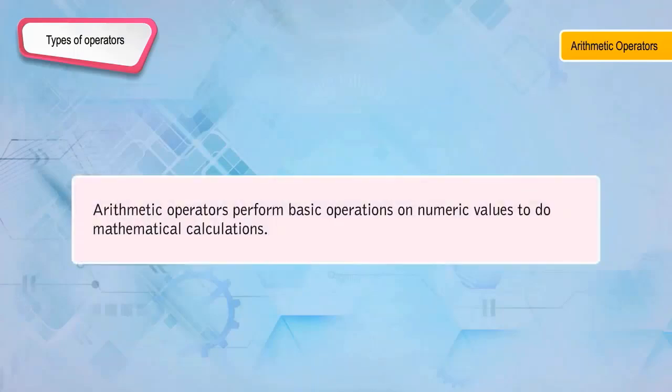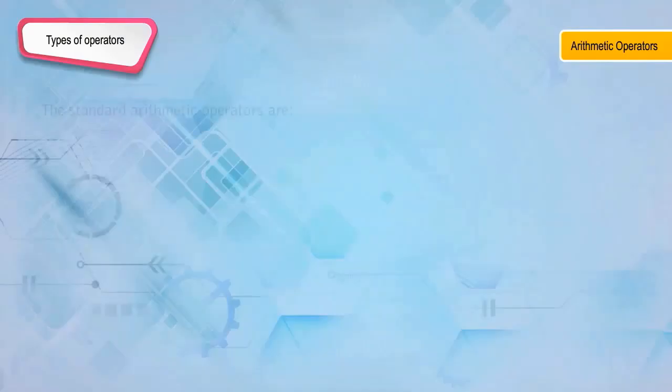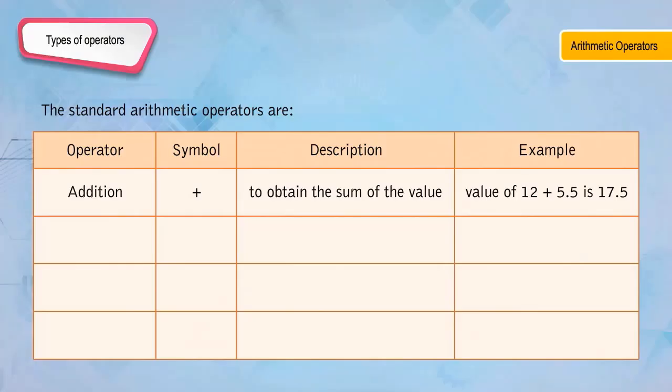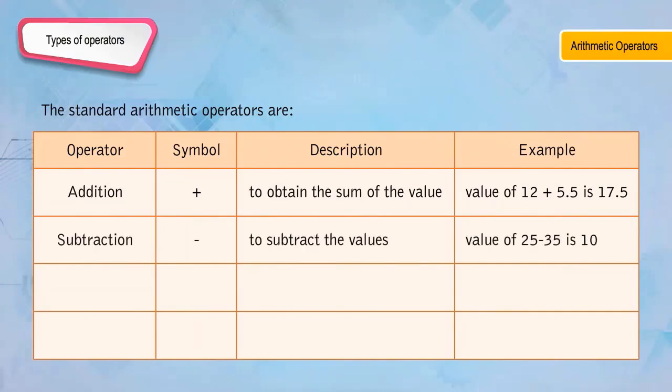Arithmetic operators. Arithmetic operators perform basic operations on numeric values to do mathematical calculations. The standard arithmetic operators are: Addition, to obtain the sum of the values. The value of 12 + 5.5 is 17.5.